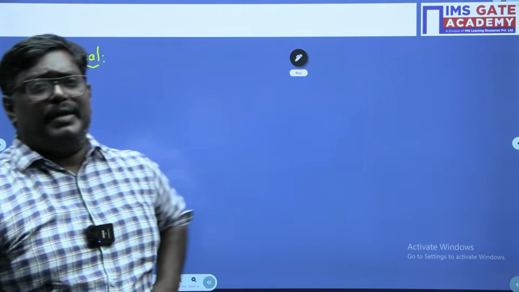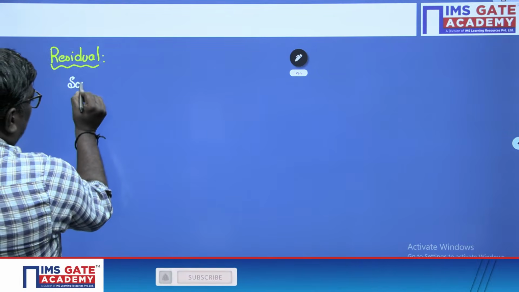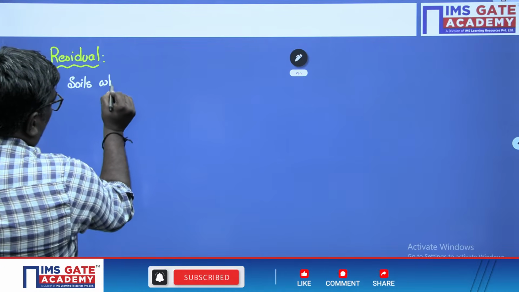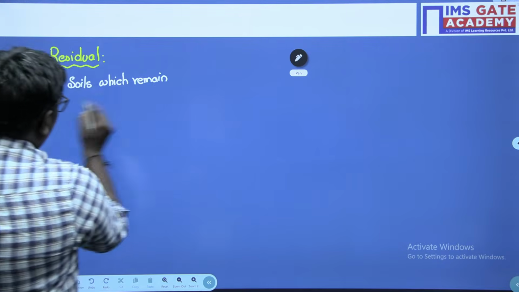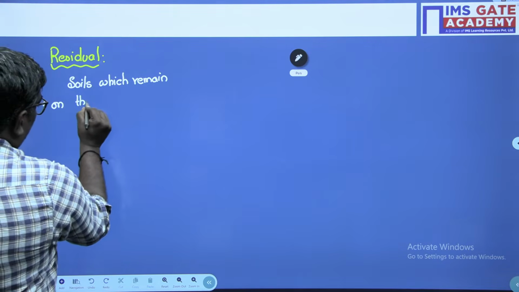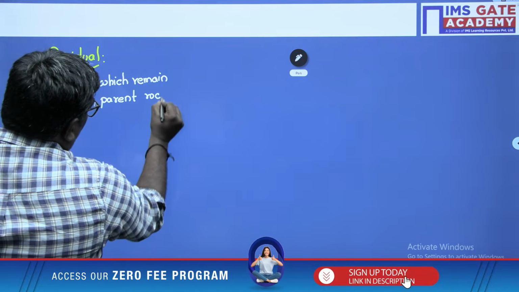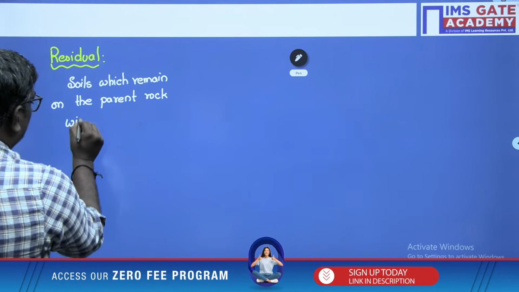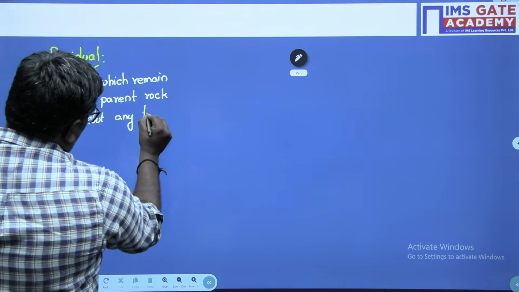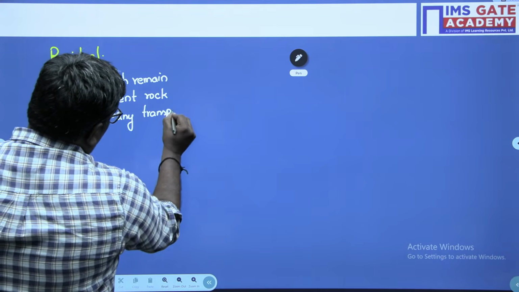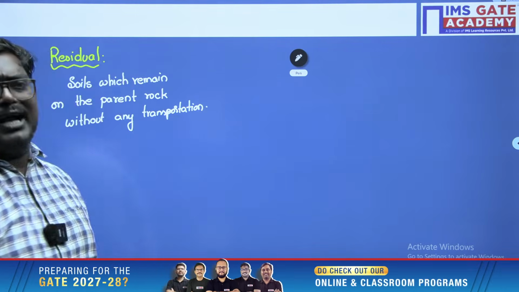Soils which remain on the parent rock without any transportation.